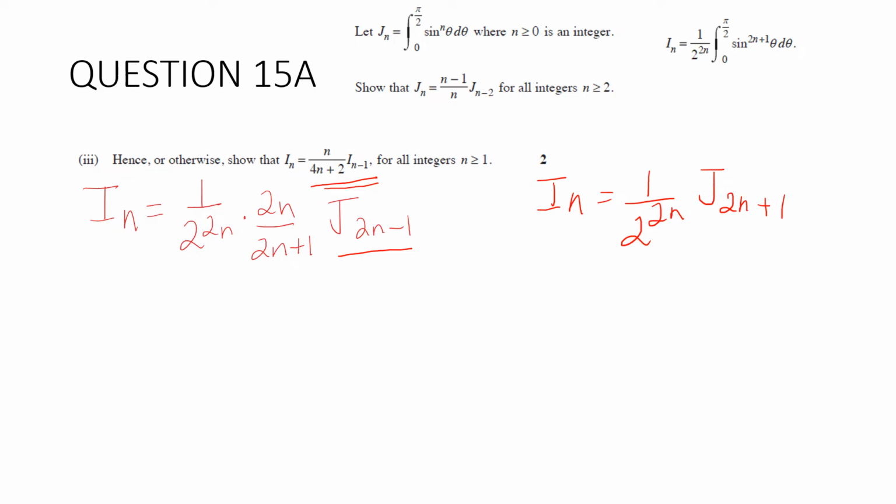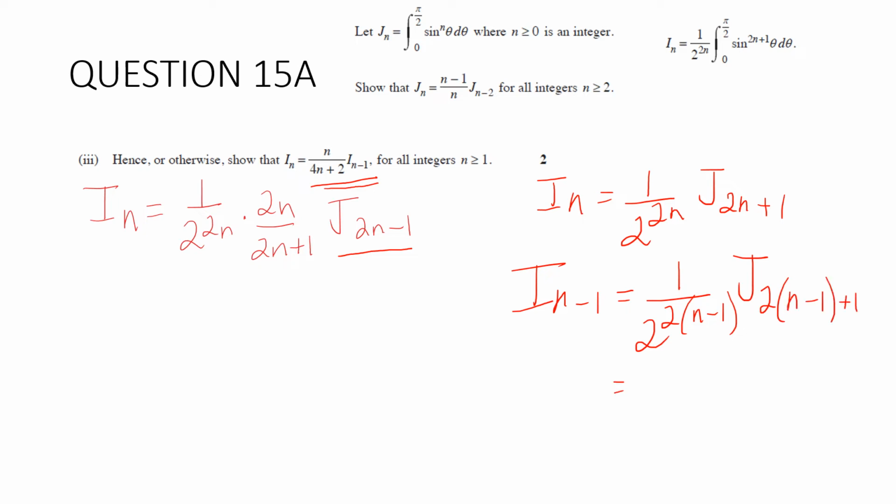And let's form In minus 1, which is equal to 1 over 2 to the power of 2 lots of n minus 1 J 2n minus 1 plus 1, which is equal to 1 over 2 to the power of 2 brackets n minus 1 J, this is 2n minus 2 plus 1, which is 2n minus 1. And we're just going to make this substitution.